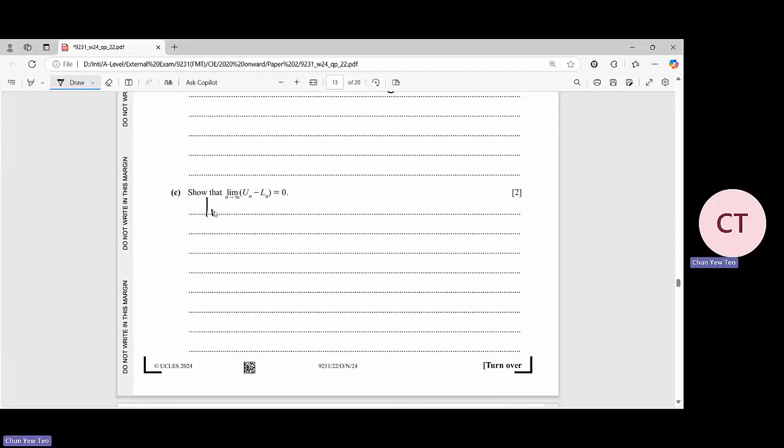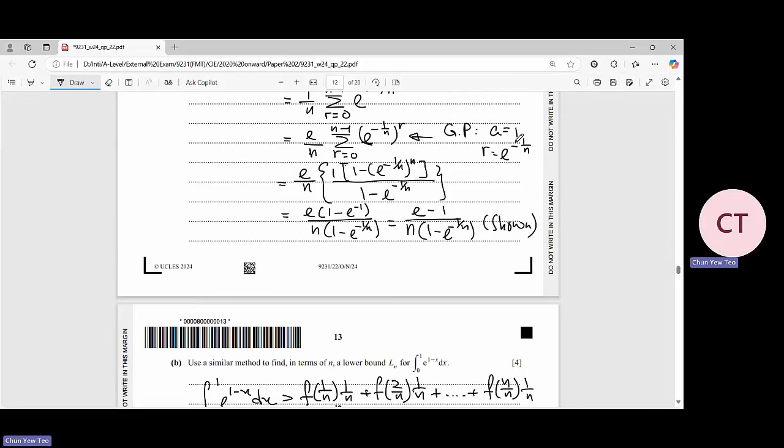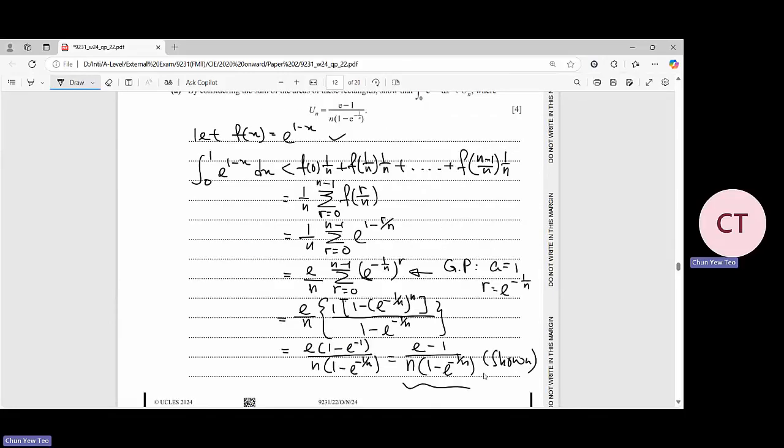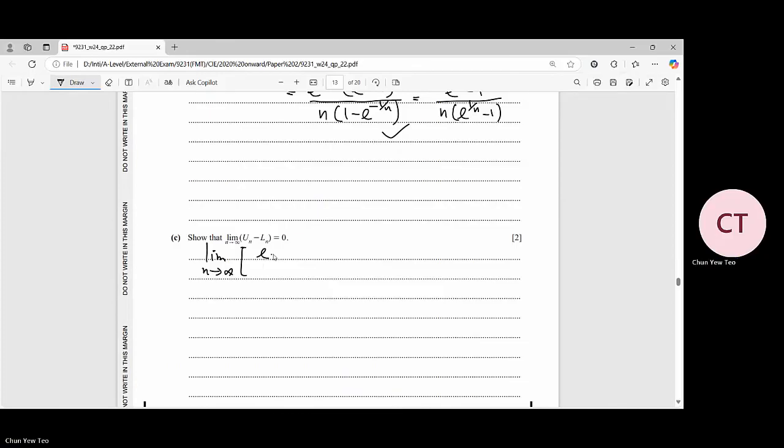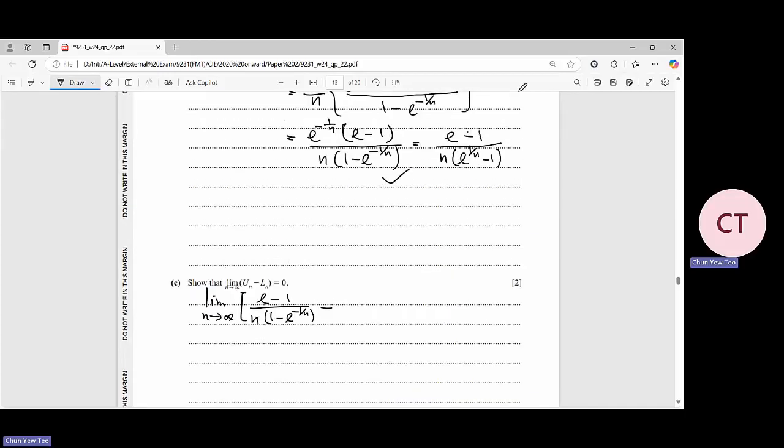Part C is the limit as n goes to infinity of un over ln. This is the un, e minus 1, and this is the ln, e to the power of negative something.